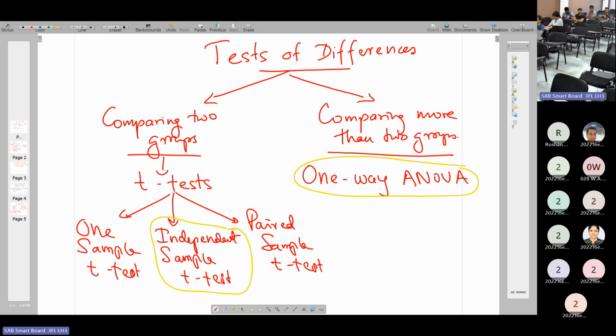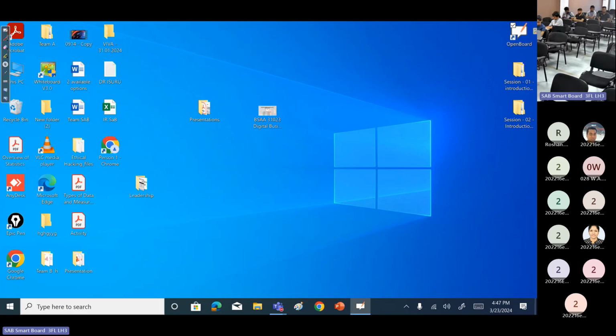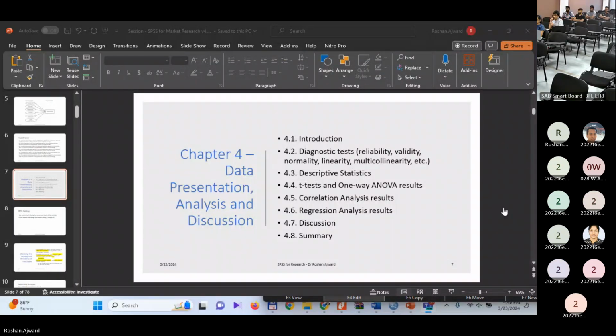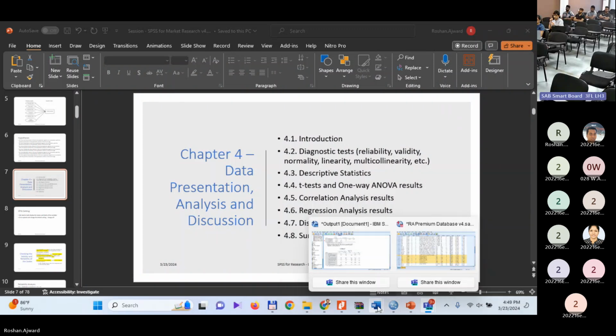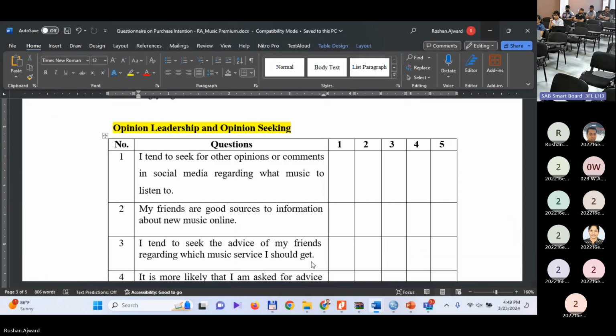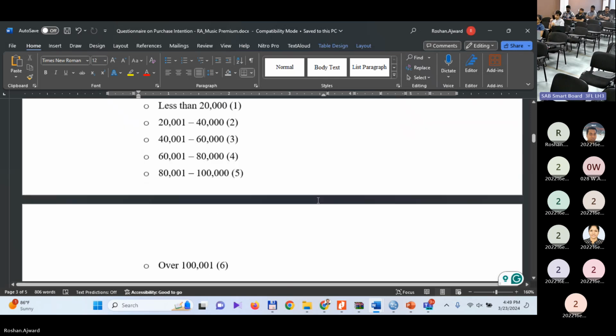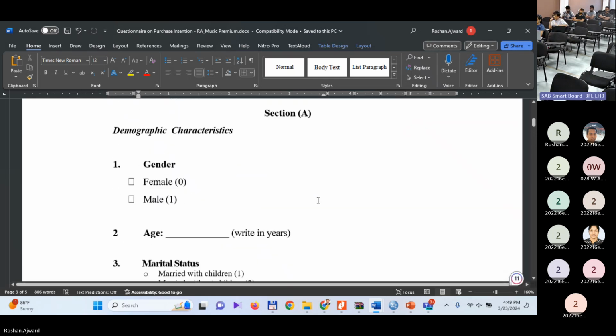Let's go to our data set. Before we go to the data set, you can look at our questionnaire, and you can see that we have gender.